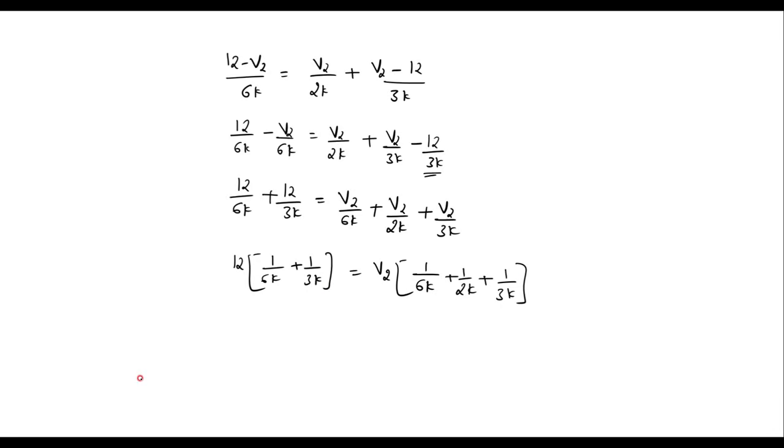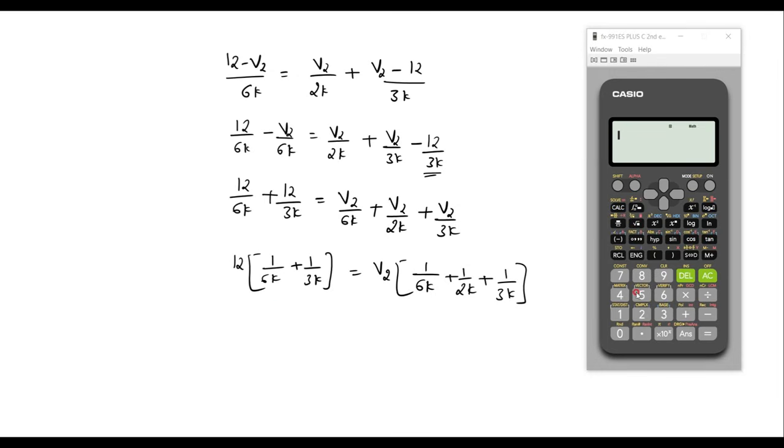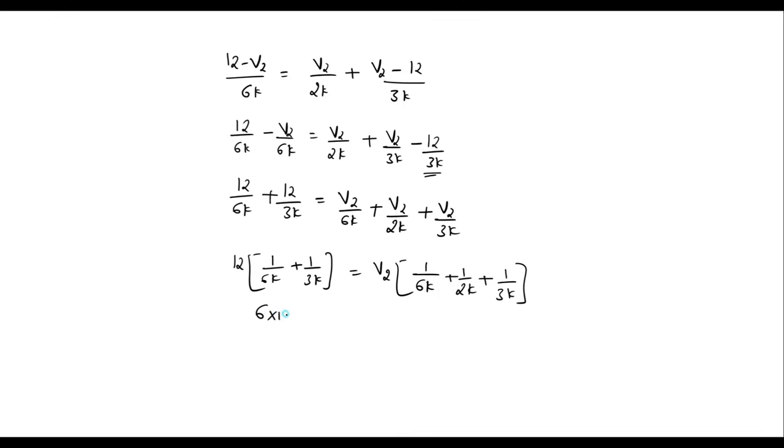Let me simplify this. Here 6K means I will take it as 6000, and plus 1 over 3000, K means 1000, into 12. So it gives 6 milli, that is 6 into 10 power minus 3, is equal to V2.